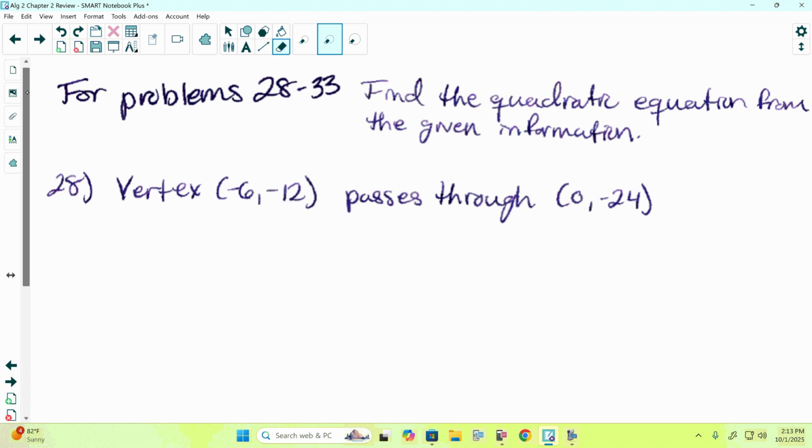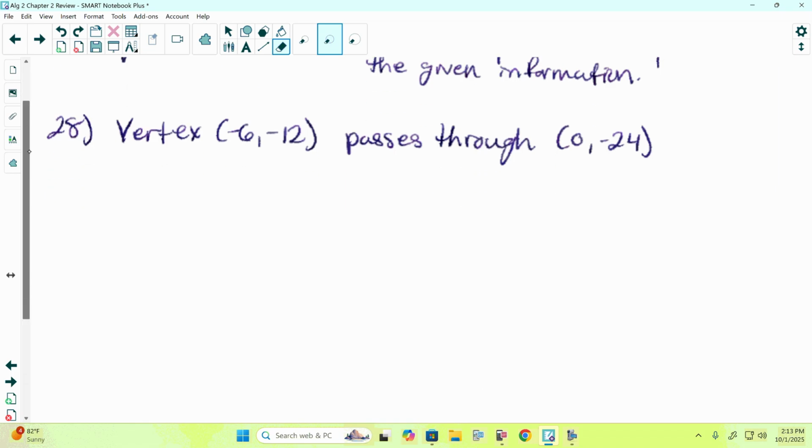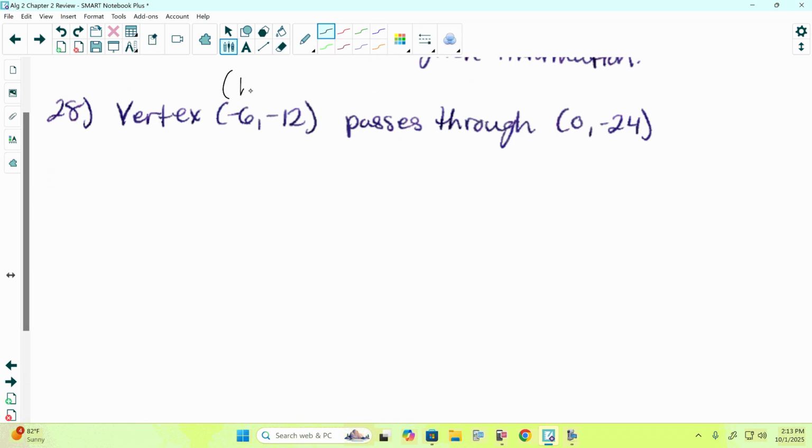Now this one says 28 on the board, but it's actually problem number 29. This problem gives us the vertex and a point, and we have to find the parabola. So this was 2.4, the last thing we did. Now we're going to use the vertex, h comma k, and the point.